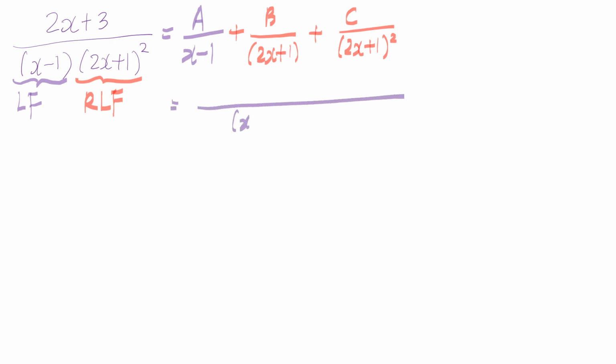Alright, so the next step we're going to do is to combine them into a single algebraic fraction. Find the common denominator. So we take a, you can cover up x minus 1. If you cover up x minus 1, then you're going to multiply a with your repeated linear factor.